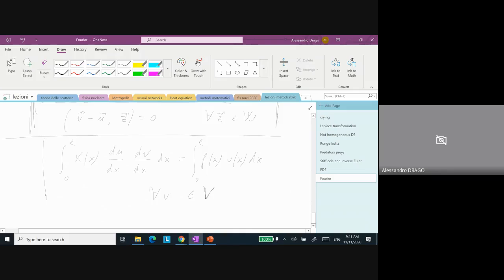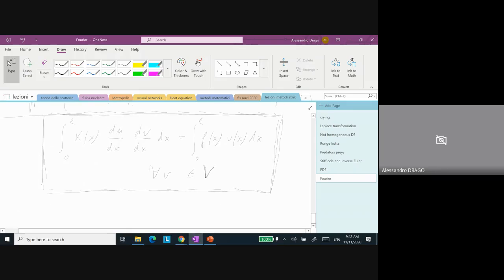This is our weak form of a boundary value problem. We have demonstrated that this form here is equivalent to the strong form. So let's go back therefore to this Galerkin.